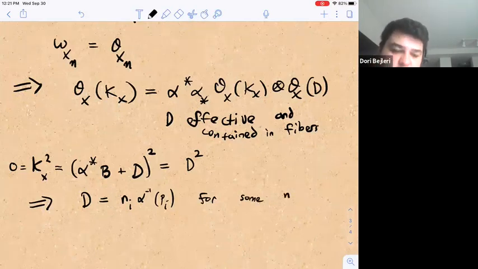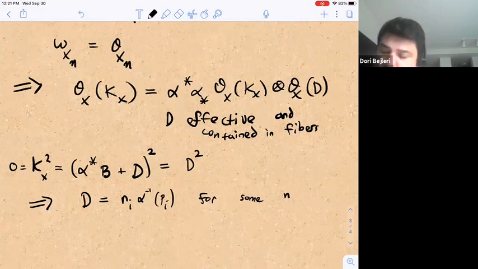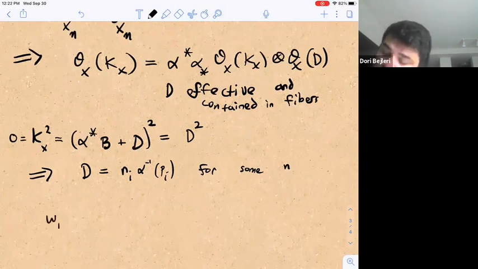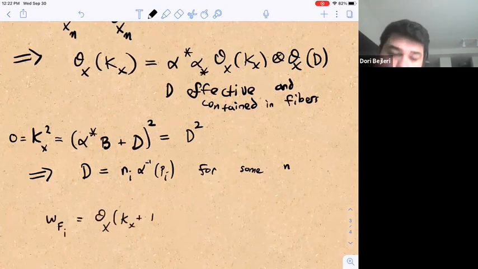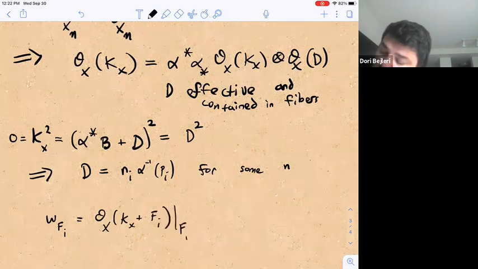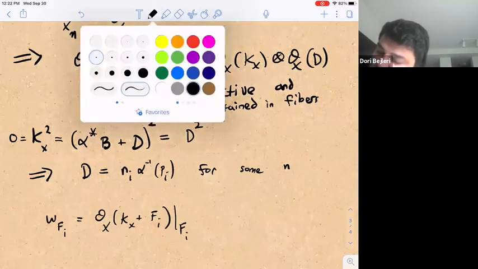Okay, and now we compute with the adjunction again. Yeah, let me stick to calling this F_i actually.